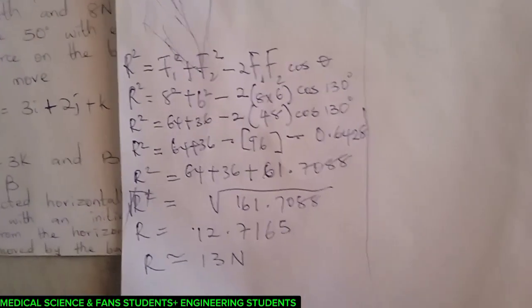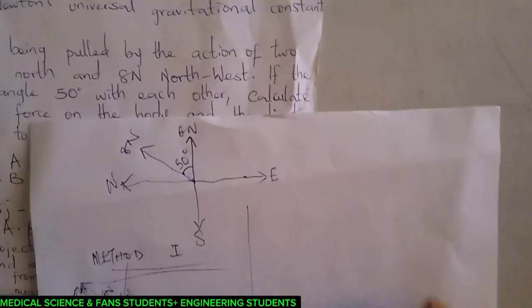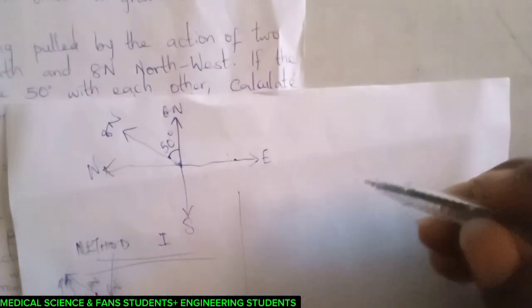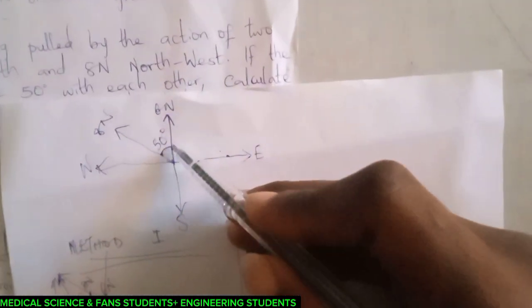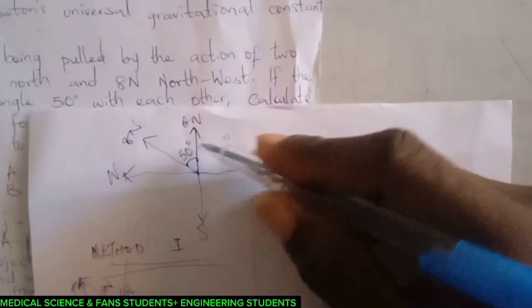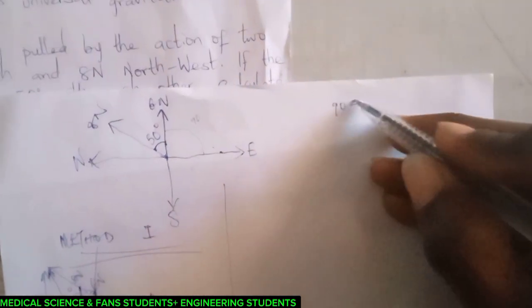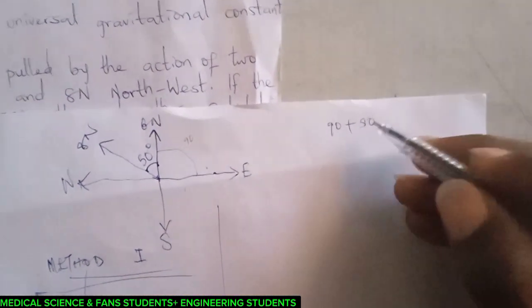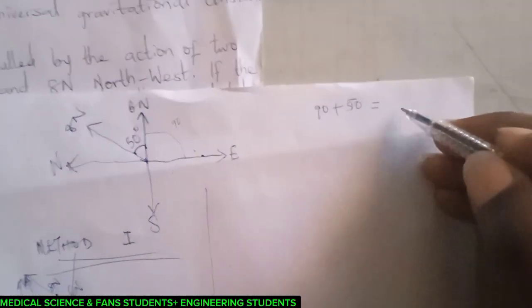Alright, method 2. Another method to do this is to simply say, as I have this now here, I'll say this is angle 50. From here to here is 90. 90 plus 50 is equal to 140.